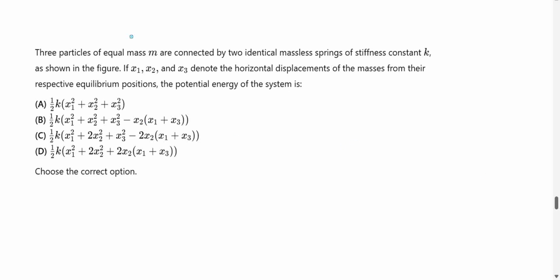Ninth, okay, so this is a CSIR NET question. Three particles of equal mass m are connected by two identical massless springs of spring constant k. The diagram is given, but let me draw.